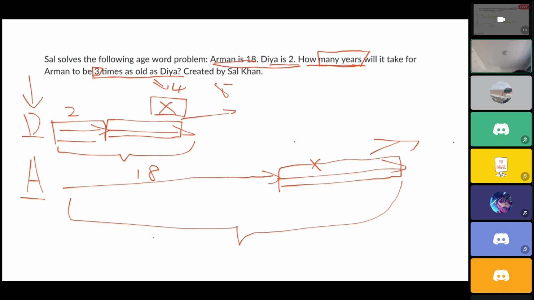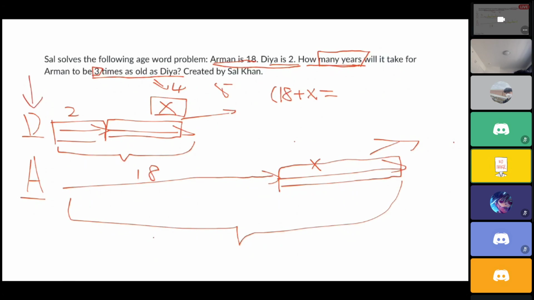Okay. Second step, set up the equation. What do you think the equation will be? Plus x, brackets.